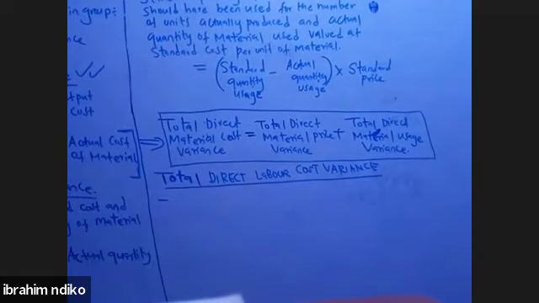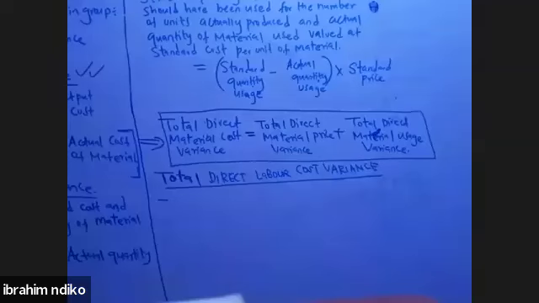Now, I hope that one is a bit clear. So total direct labor cost variance. So what do we mean when we talk about total direct labor cost variance? So the direct labor cost variance is the difference between what the output actually costs and what it should have cost in terms of labor.